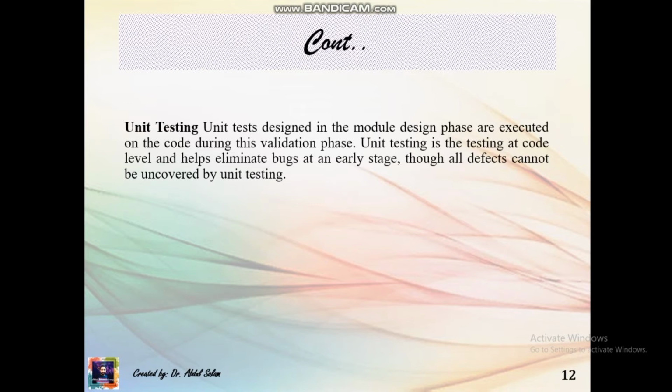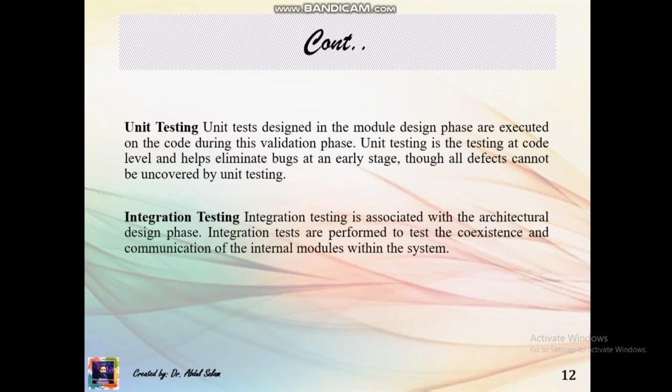Unit testing is the testing at code level and helps eliminate bugs at an early stage, though all defects cannot be uncovered by unit testing. The second one is integration testing. Integration testing is associated with the architecture design phase. Integration tests are performed to test the coexistence and the communication of internal modules within the system.